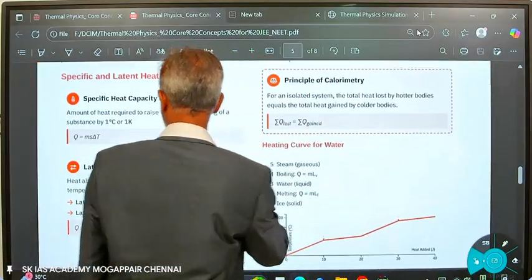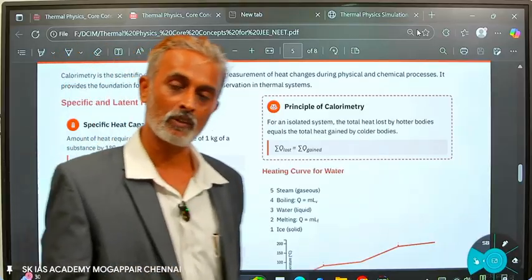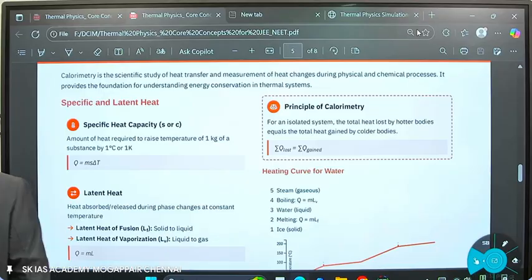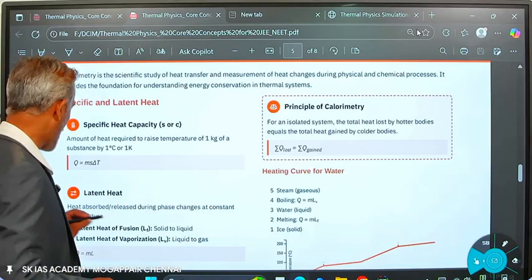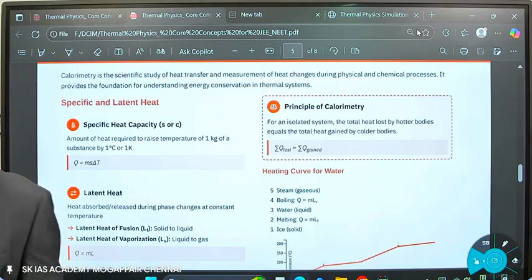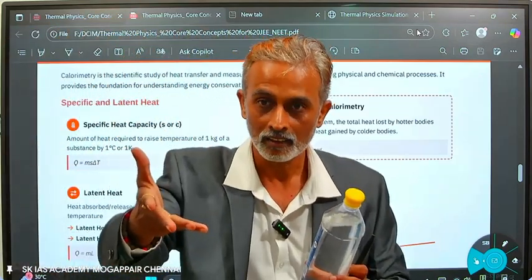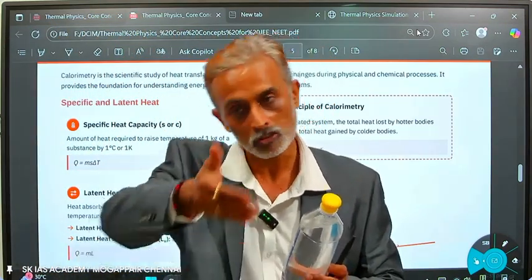Now come to the latent heat. Already I discussed what latent heat is. Latent heat is the heat absorbed or released during the phase change at constant temperature. Suppose you are going to convert liquid to solid, or solid to liquid.